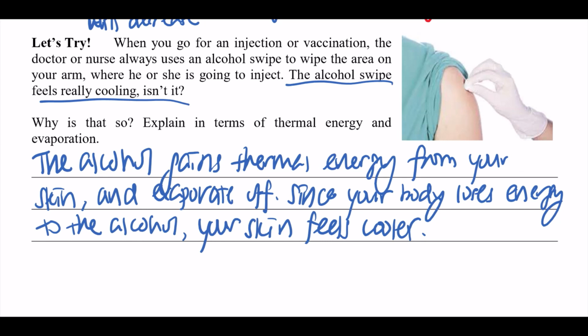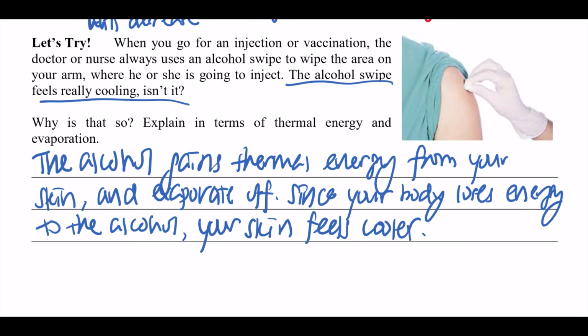Because energy is being conducted away from your skin, so energy is lost by your skin to the metal. Therefore, you feel that it's cooling. But that doesn't mean that the metal is colder than your skin, or colder than the wooden or plastic tabletop.